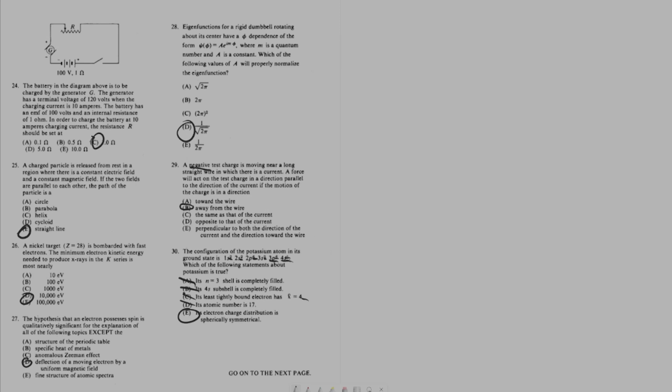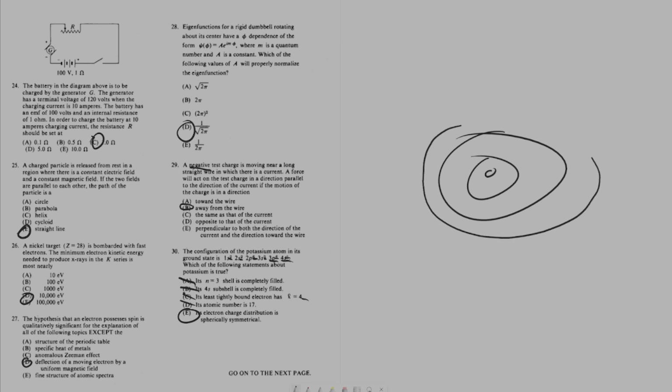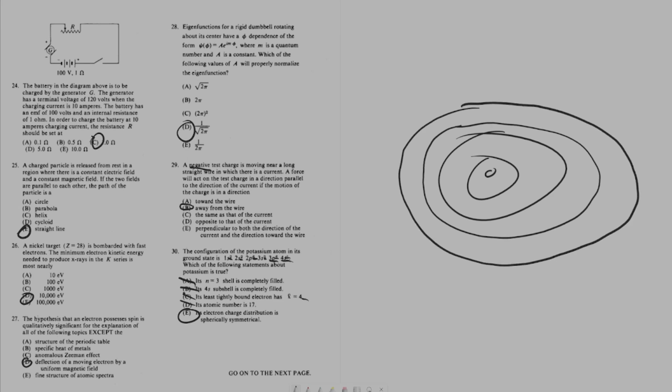But let's give an answer of why it's E. So if I have my potassium, that's shells 4, 1, 2, 3. Ignore the awesomeness of these circles. There we go. This one is 2, is full.